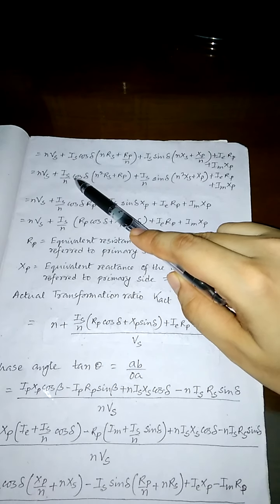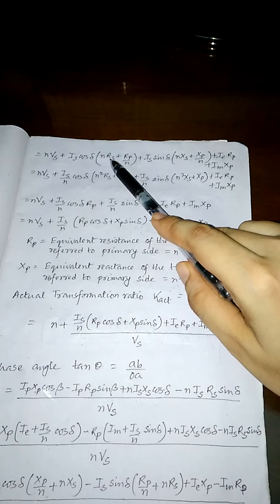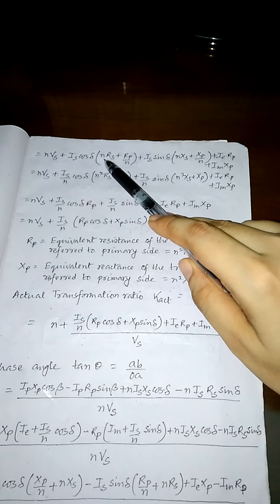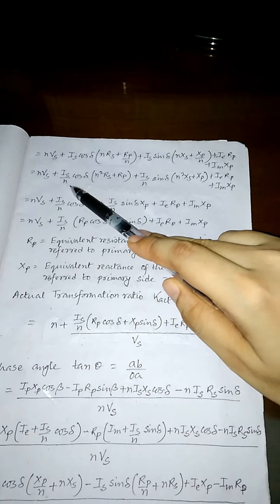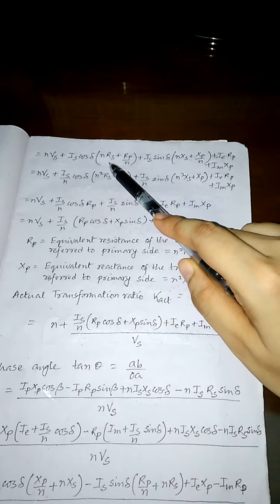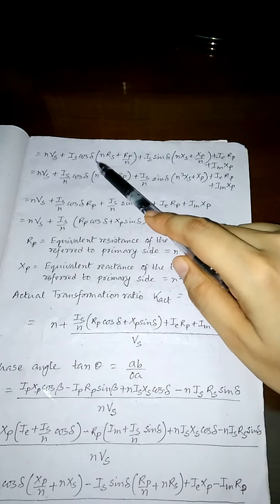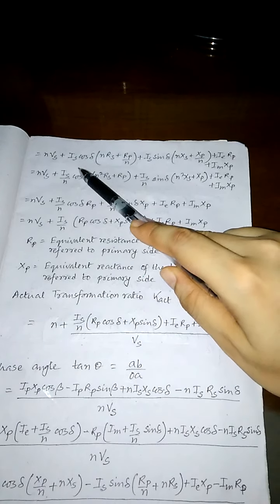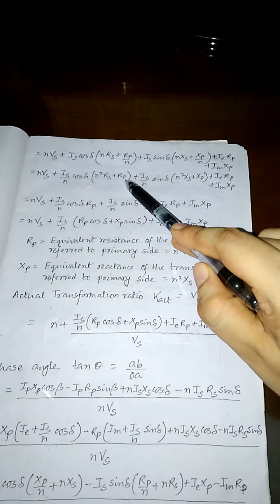Now NVS plus IS by N, again we are getting the factors from here, that is IS by N cos sigma. So as we are getting the common term of IS by N, that means 1 by N, arranging like that, that is N square RS plus RP.